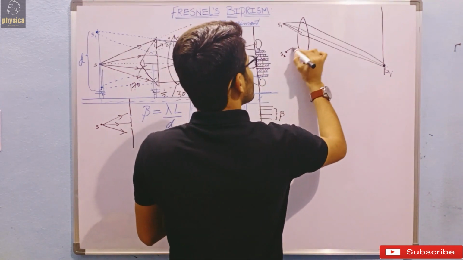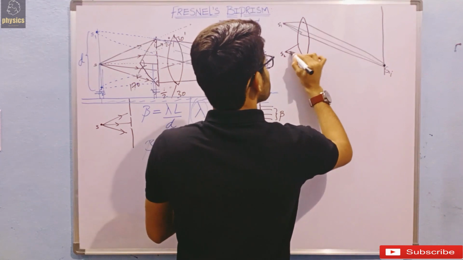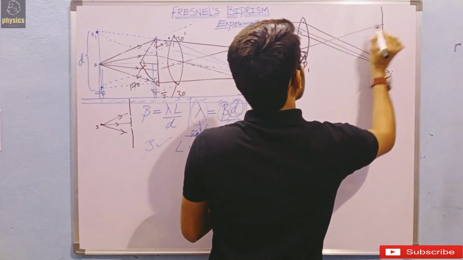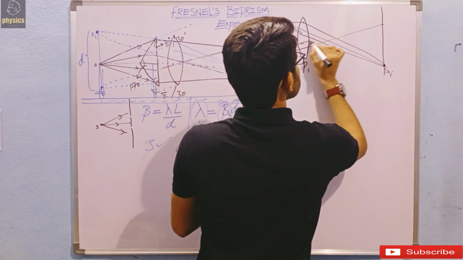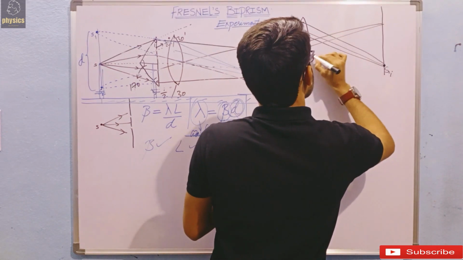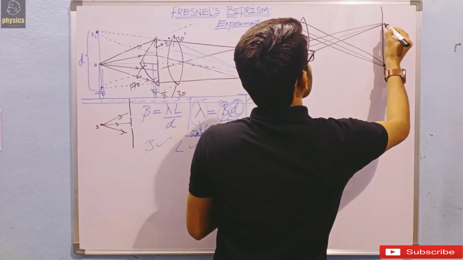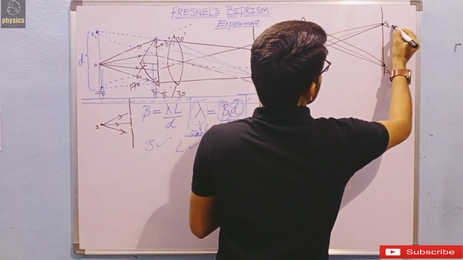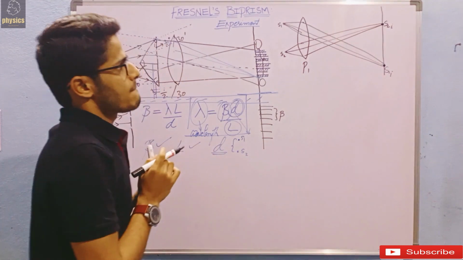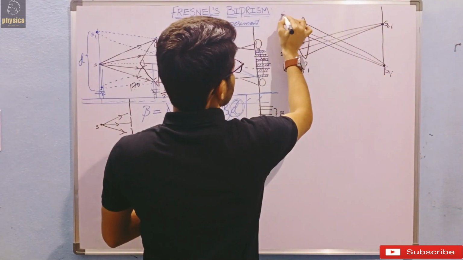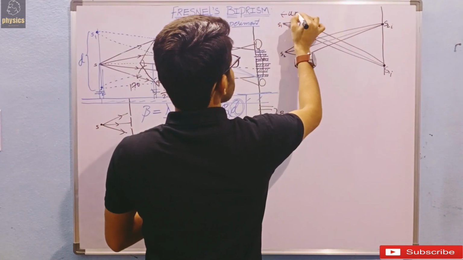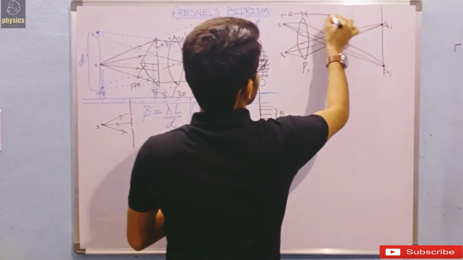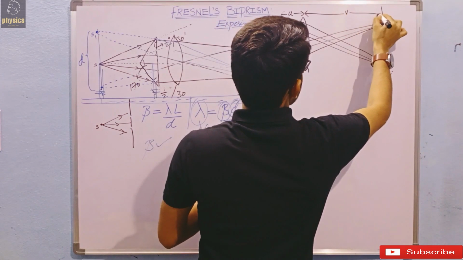Similarly, the light from S2 will get merged on the final screen. So the lens will focus the light here. So now here we'll be getting the S2 image. Okay. So the distance from here to here, this is the object distance, and from here to there, this is the image distance.